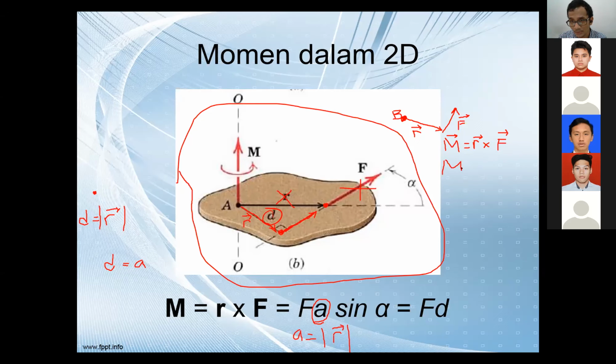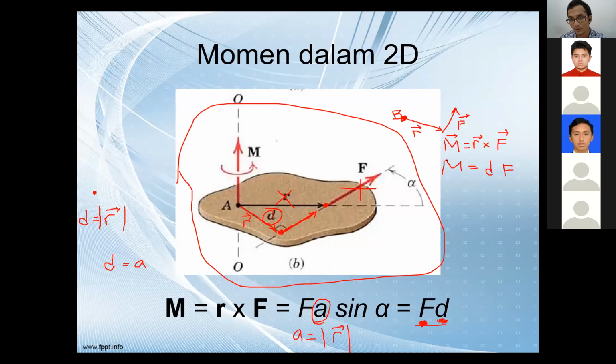But sometimes it is enough for us to represent it in a scalar form. Because it's scalar, it's okay for you to swap D and F. So in scalar form, it's D multiplied by F, or F multiplied by D. It's the same.